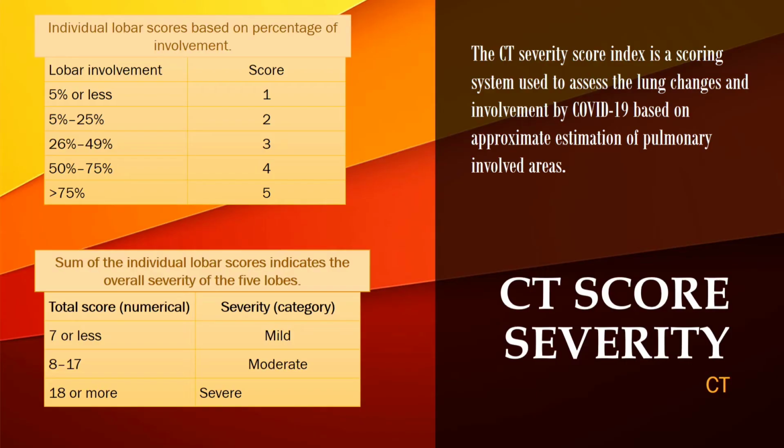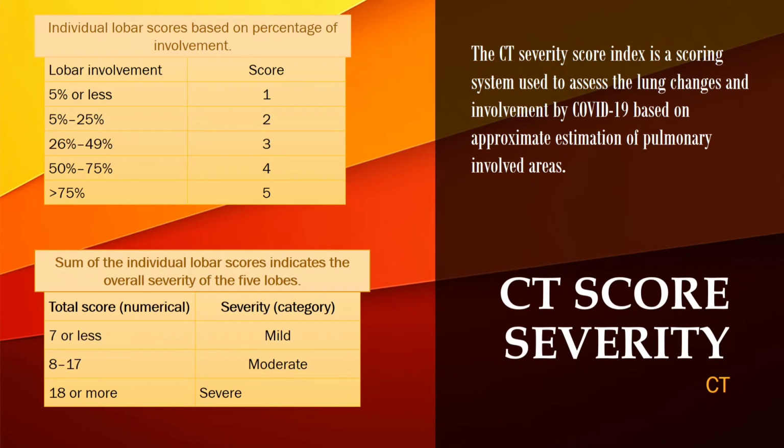The next laboratory investigation we are going to deal with is CT severity score. The CT severity score is an index, that is, a scoring system used to assess the lung changes and involvement by COVID-19 based on approximate estimation of pulmonary involved areas. Each of the 5 lung lobes has been visually scored and given a score from 1 to 5.